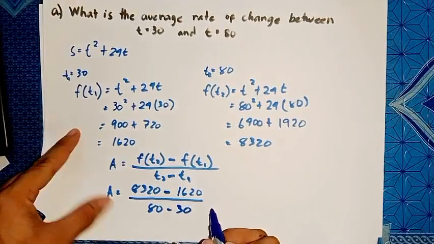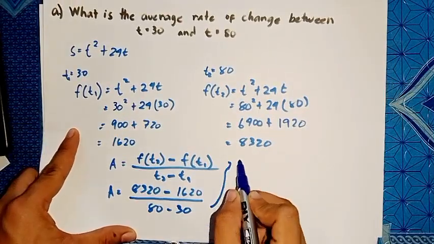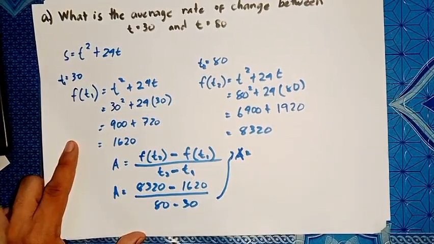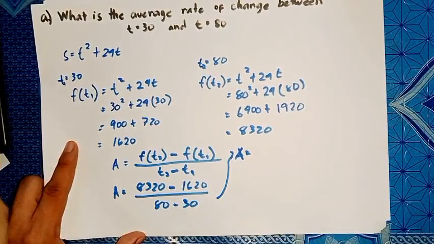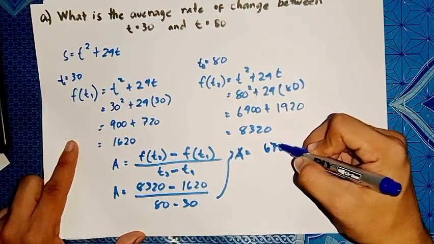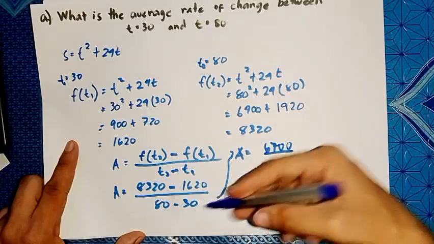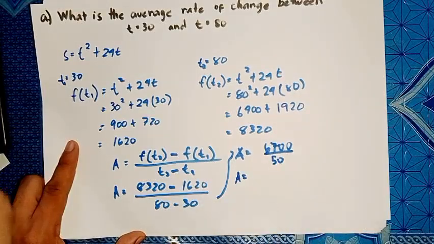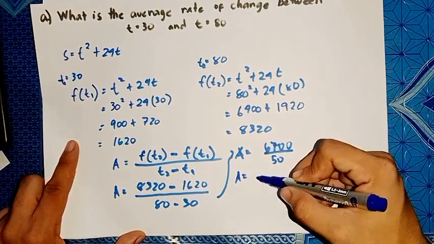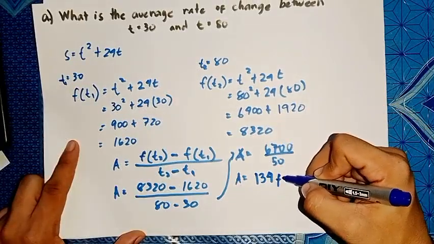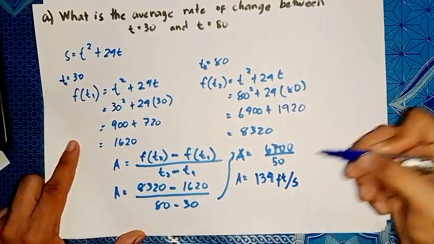So we have average is equal to 8,320 minus 1,620, we have 6,700 over 80 minus 30, we have 50. So average now is equal to 6,700 divided by 50, we have 134, and the unit is feet per second.